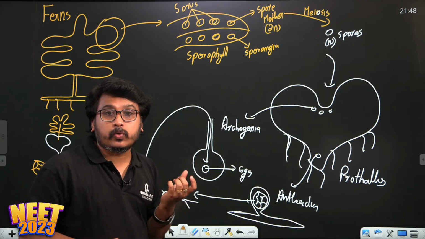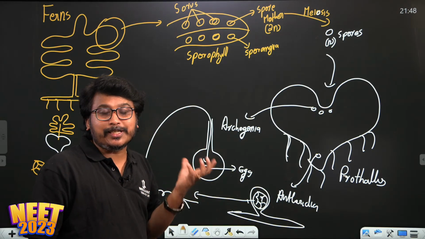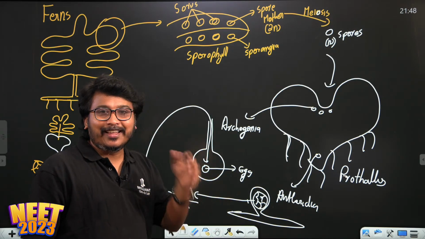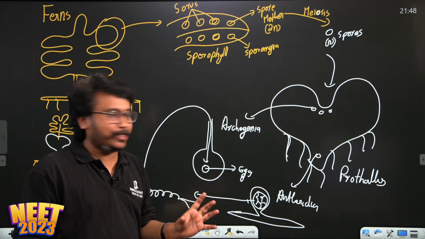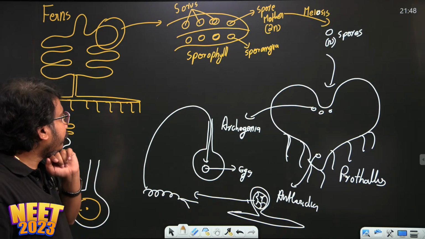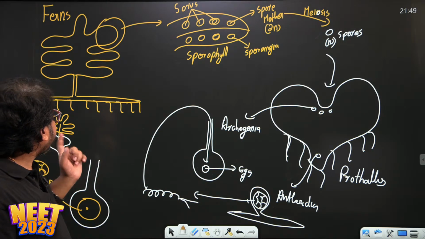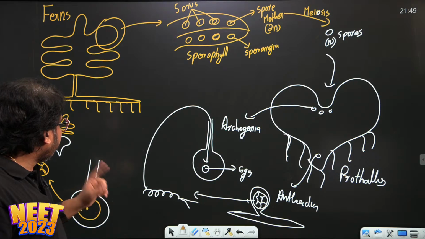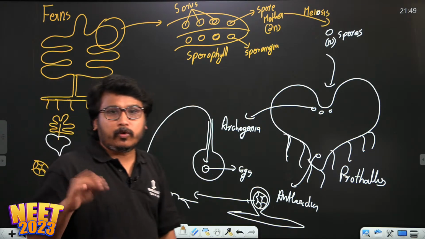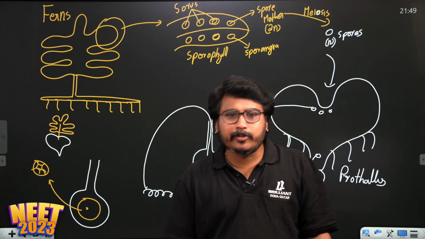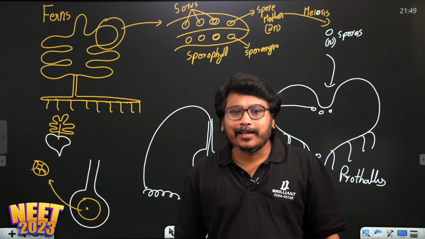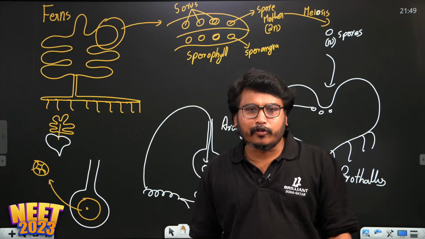This diagram is also missing in NCERT. So this is the most simplified version. Just learn this diagram, then start attending the question. You can crack any questions. Then one more. The first cell of sporophyte is produced inside a female gametophyte or prothallus in homosporous pteridophytes.